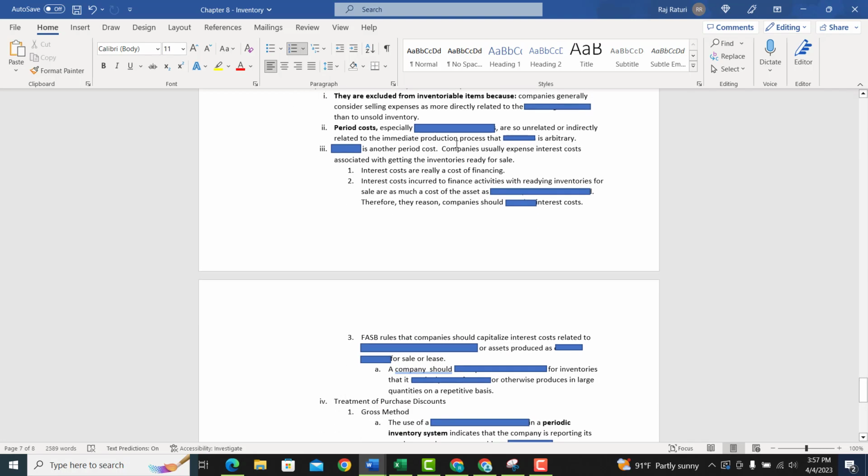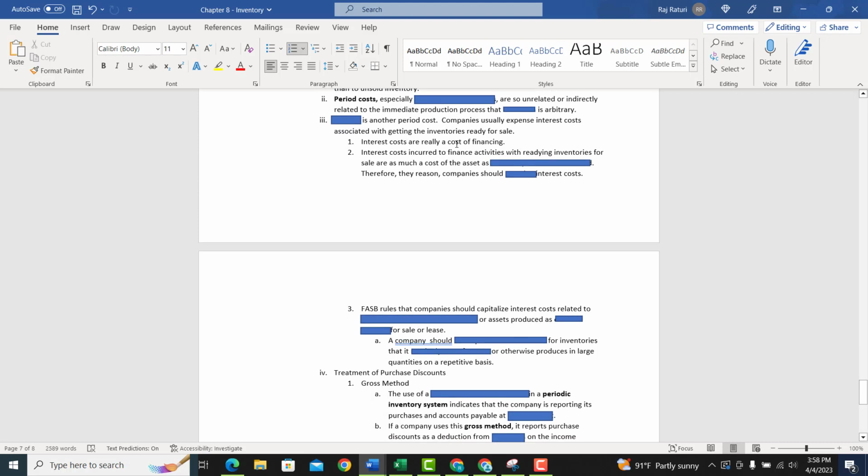They're excluded from inventoriable items because companies generally consider selling expenses more directly related to the cost of goods sold than to the unsold inventory. They're not really related to the actual inventory. Period costs, especially general and administrative, are so unrelated or indirectly related to the immediate production process that allocation is arbitrary.